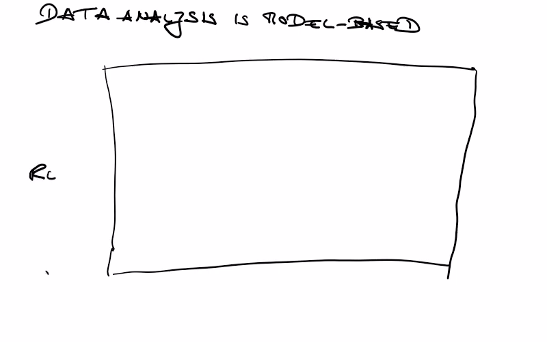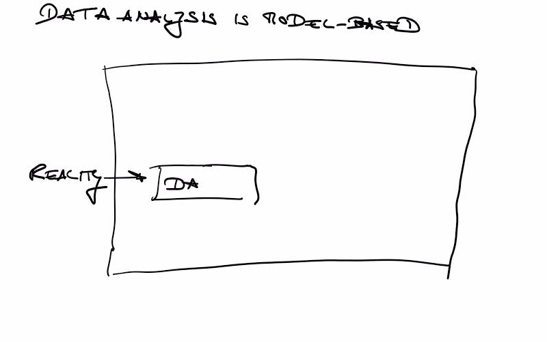Outside of science, there is something that you can call reality, and then reality can, in science, yield something that would be called a measurement or data.